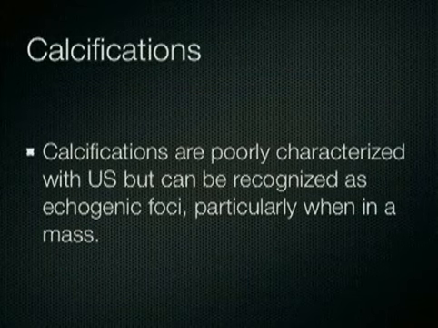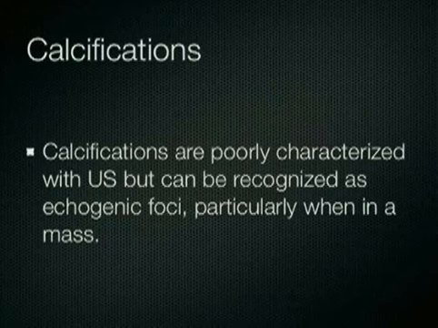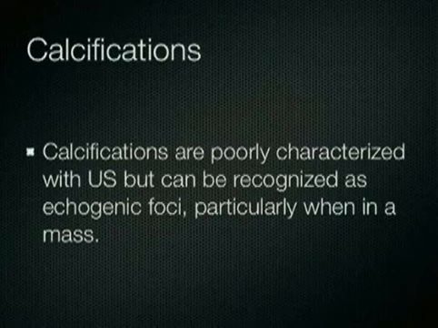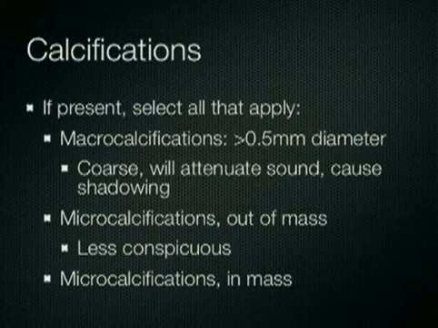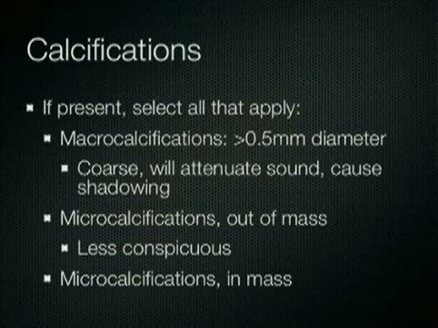Ultrasound is not ordinarily viewed as an effective means to evaluate the breast for calcifications. However, when areas of calcification are seen mammographically, they can often be localized and identified with ultrasound. Calcifications may be described in terms of their size, with macrocalcifications applied as a term to be used when calcifications are more than 0.5 millimeter in diameter.